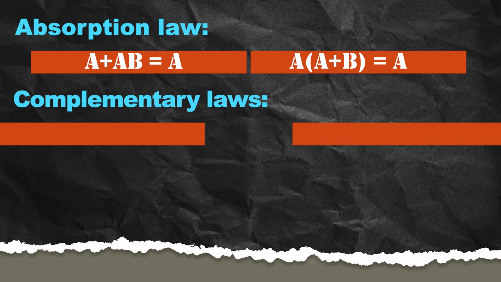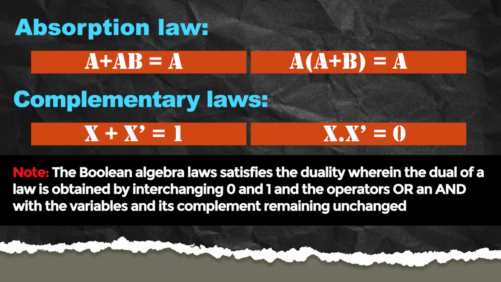Then comes all these laws what we have studied. We can say that the Boolean algebra laws satisfy the duality, wherein the dual of a law is obtained by interchanging 0 and 1 and the operators OR and AND, that is plus and dot, with the variables and their complements remaining unchanged.